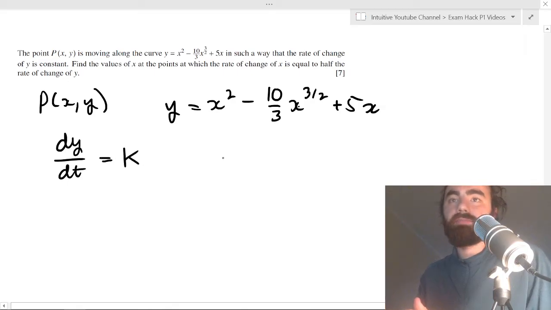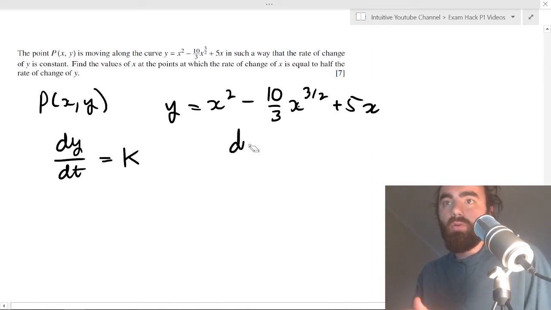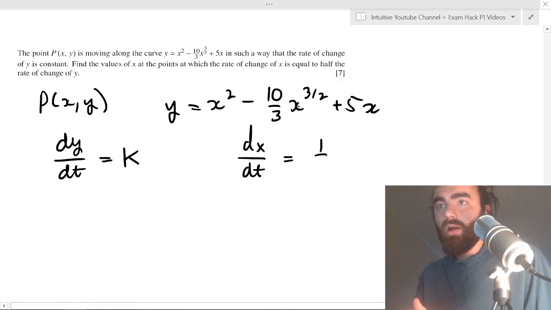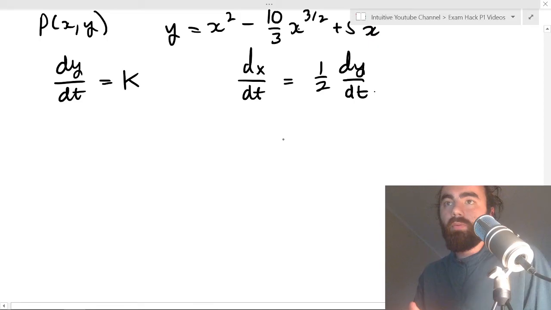Let's call it k. Find the values of x at the points at which the rate of change in x is equal to half the rate of change in y. So we need to solve when the rate of change in x is equal to half the rate of change in y. Well, we know that that is k, so this is just equal to k over 2.